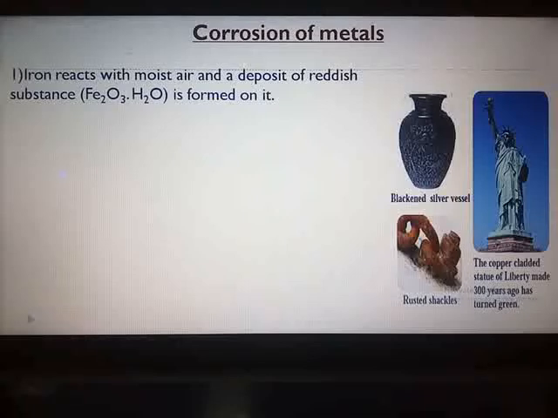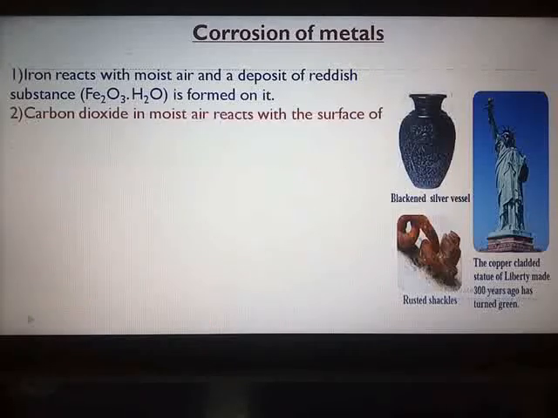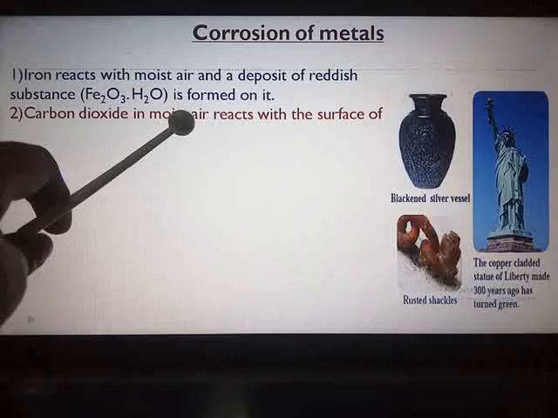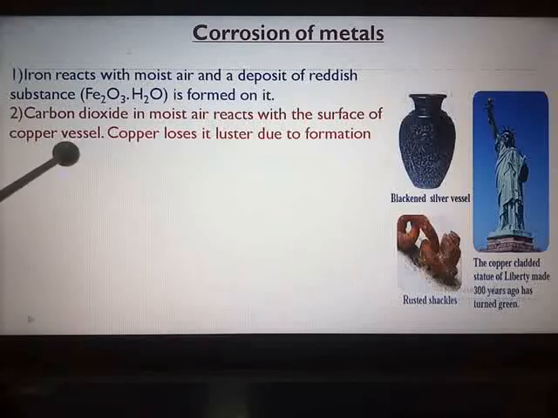Second example is about the patination of copper. Carbon dioxide in the moist air reacts with the surface of a copper vessel. You have seen that after a particular amount of time, copper vessels, which in the earlier days were used on a large scale, used to turn greenish. That was nothing but the combination of copper with carbon dioxide present in the air.